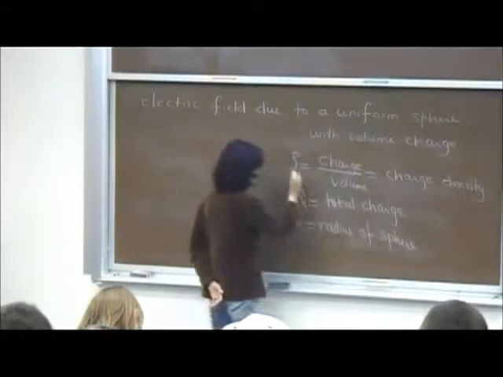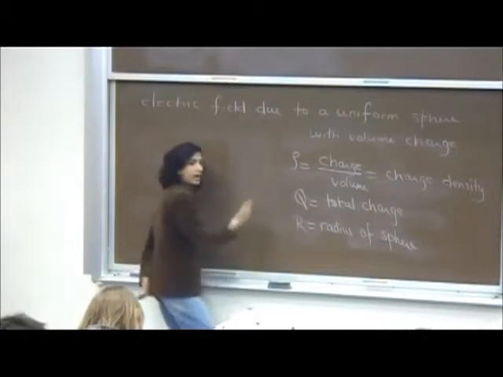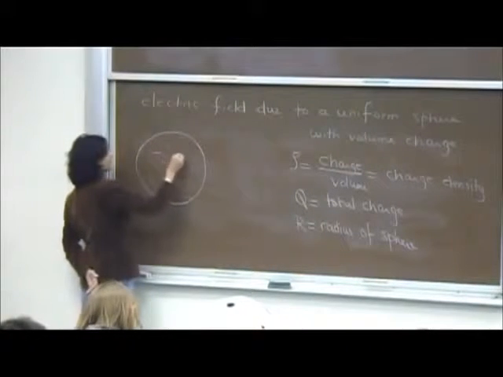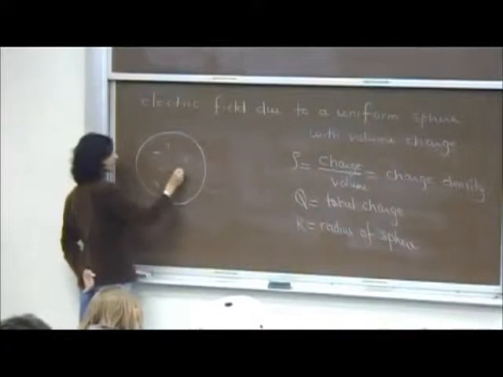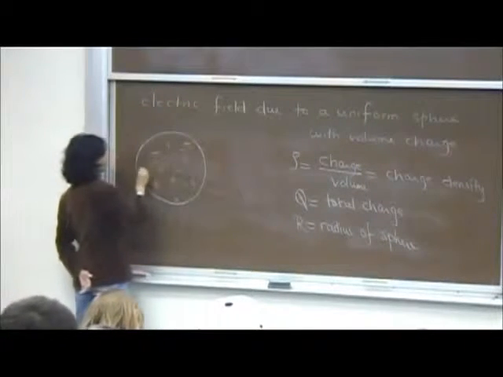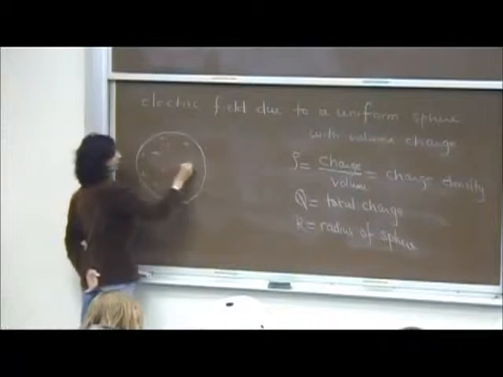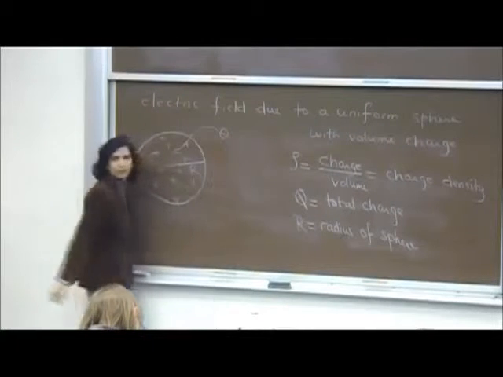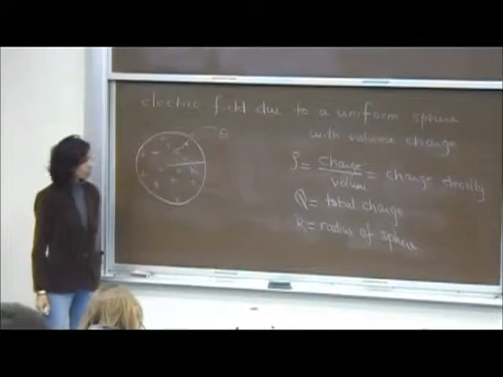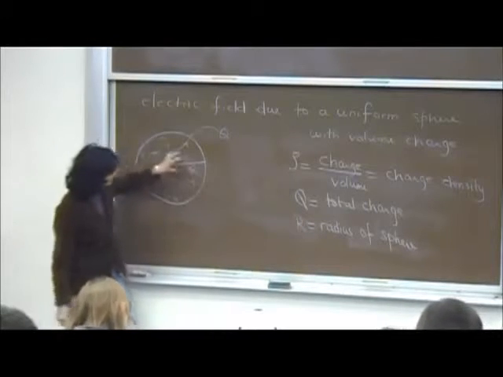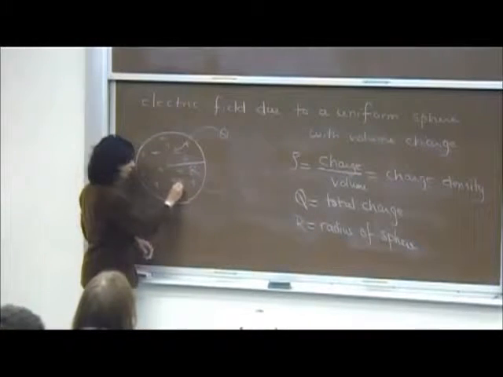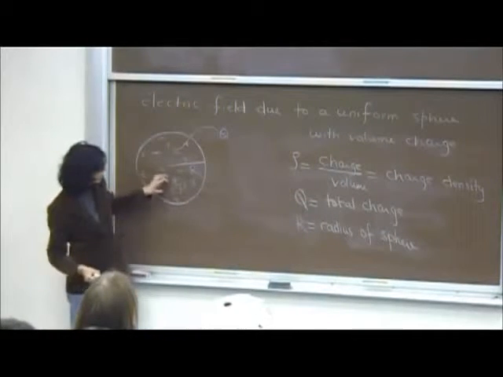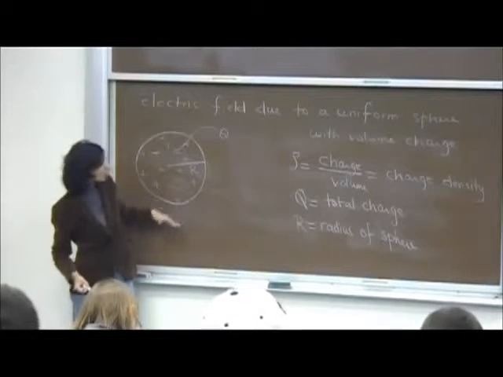Who wants to tell me how to relate Q with rho and R? So here is your sphere. This time there's charge uniformly distributed everywhere in the volume. This is the radius R, total charge is Q, and rho is the charge per unit volume. So if you look at unit volume, 1 meter cubed, the charge in 1 meter cubed is rho. Another 1 meter cubed, rho. So rho is the charge per unit volume.